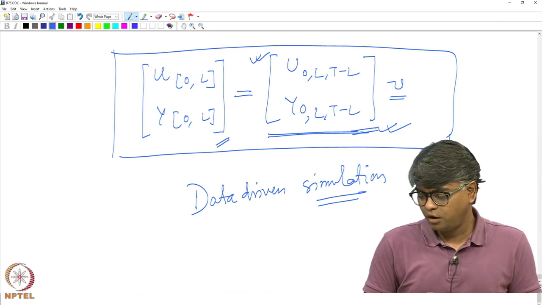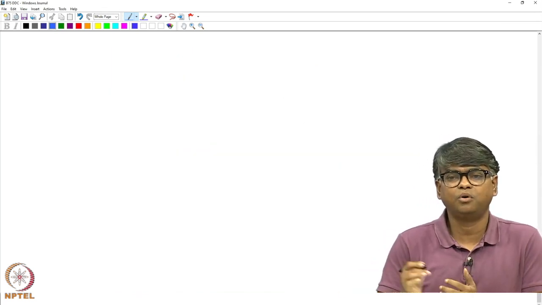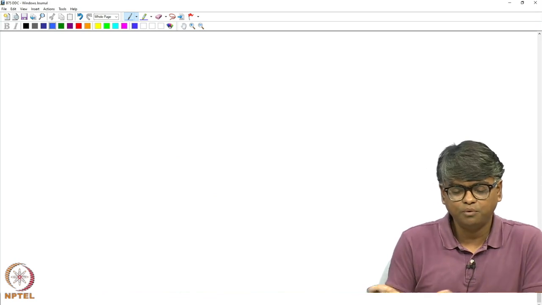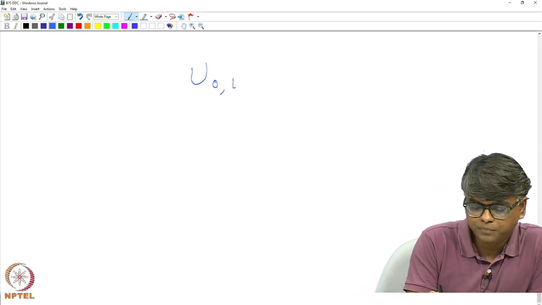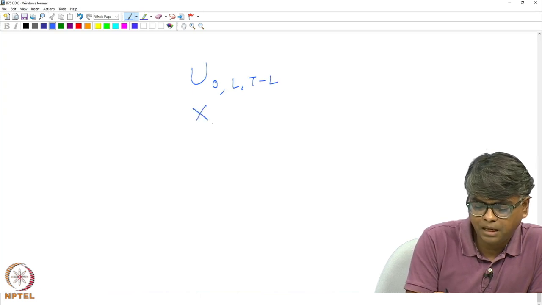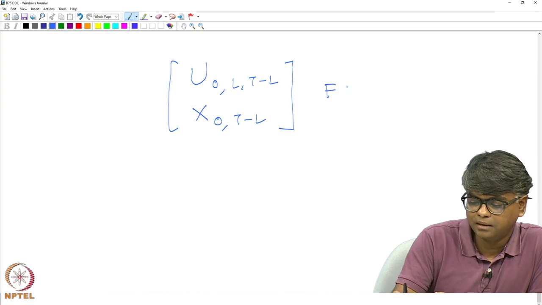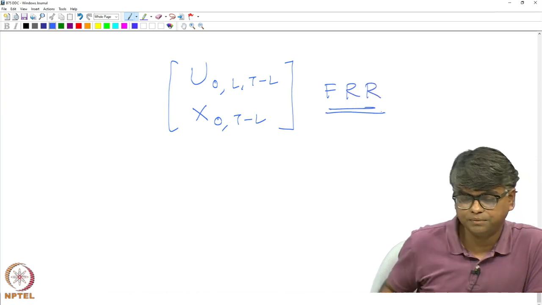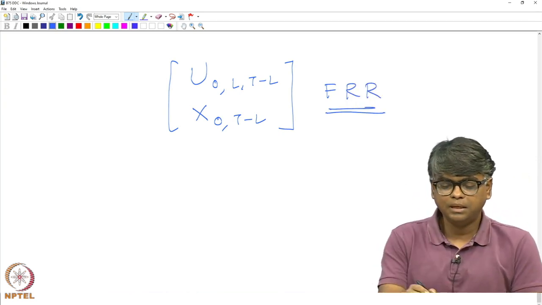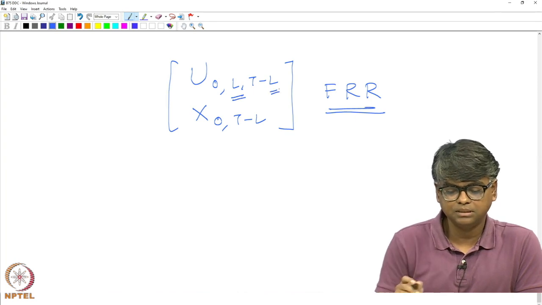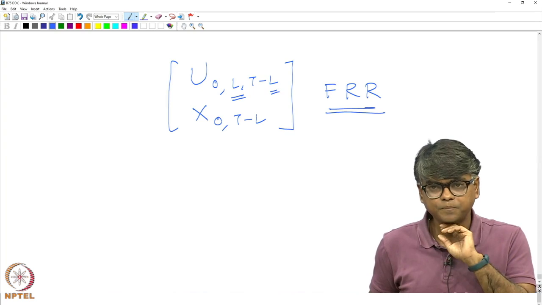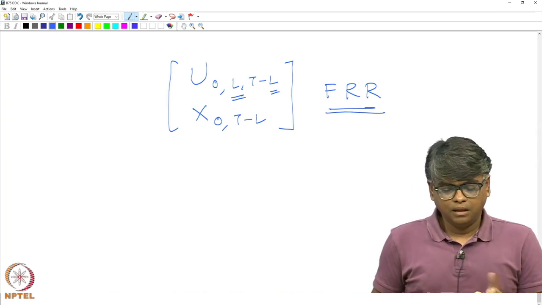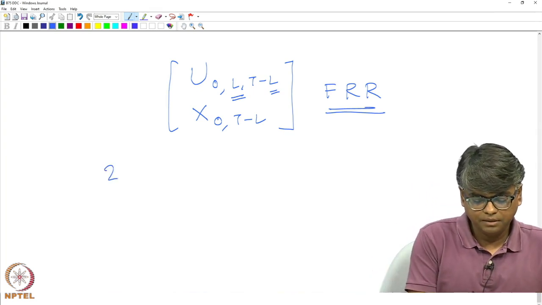So, therefore, from now on, instead of saying persistently exciting of order n plus L plus 1 all the time, what we will do instead is we are going to assume that this matrix U 0 L t minus L, x 0 t minus L, is full row rank, that will be our standing assumption. We will keep on playing with these numbers though, this number L in particular, to say various things, which brings us to the next point of data driven analysis.